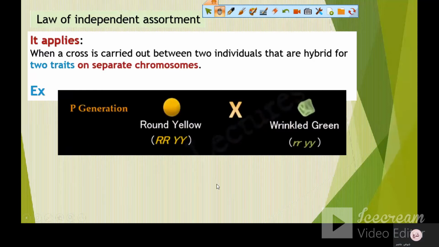Look at here: two individuals are hybrid for two traits. The round seed and the yellow color, and a green seed, which is wrinkled. So you'll find in the law of independent assortment that the two traits are found on separate chromosomes.